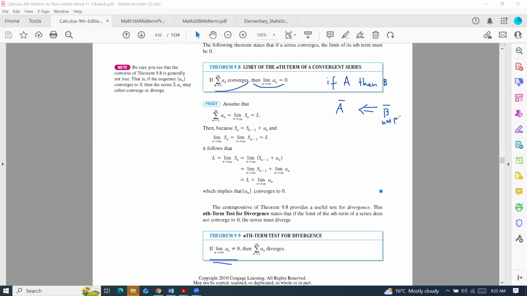From not B follows not A. So this contrapositive argument is the same as the direct argument: from B follows A, then from not B follows not A. And that's how most proofs are done using the logical structure.